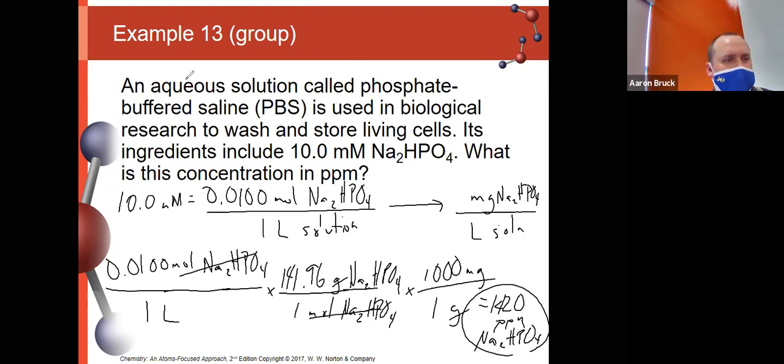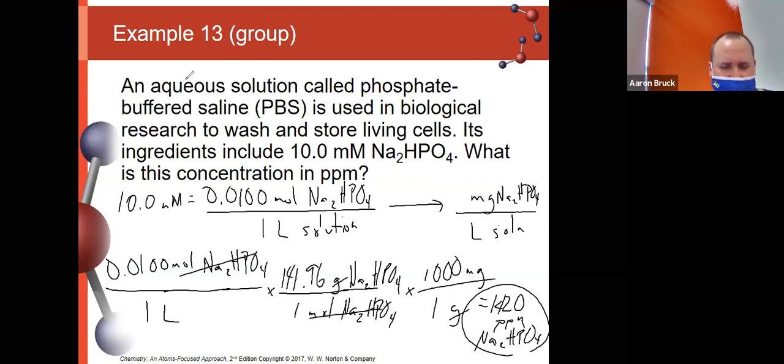So we see again there, we've got a solution that even in the molar concentration, 0.01 molar, is not very concentrated. But yet, it's over 1,400 parts per million. And that's why parts per million is just generally not a unit we use for something with a higher concentration. We'd be better off putting this in terms of mass percent.